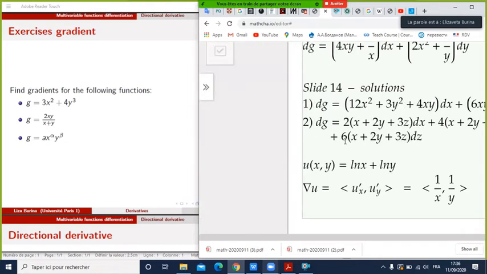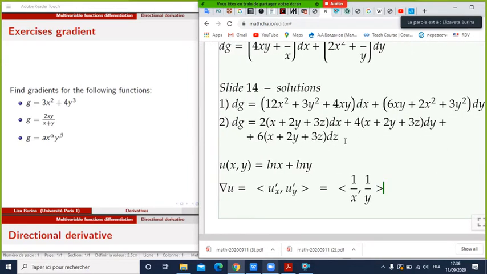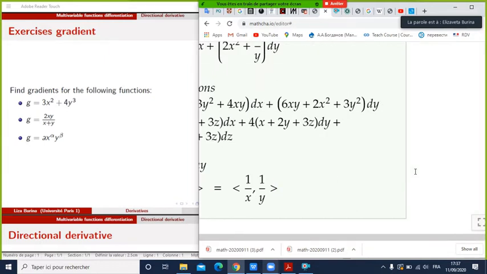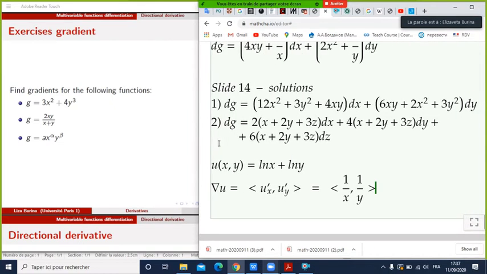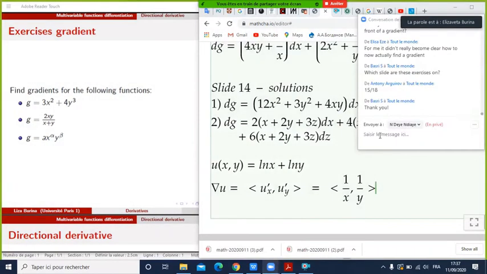Just give me partials, and so this is the vector. This is the vector's coordinate on the x-axis, and this is the vector's coordinate on the y-axis. For now it's in a functional form, but I can always give you a point where we start from, and you will have no problem finding the actual numerical vector.